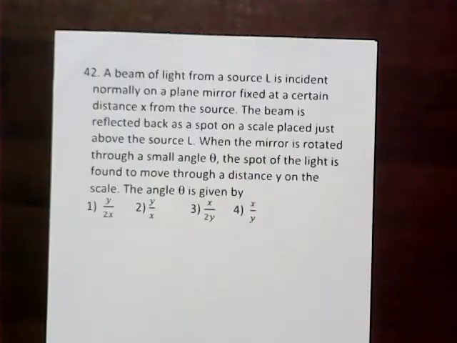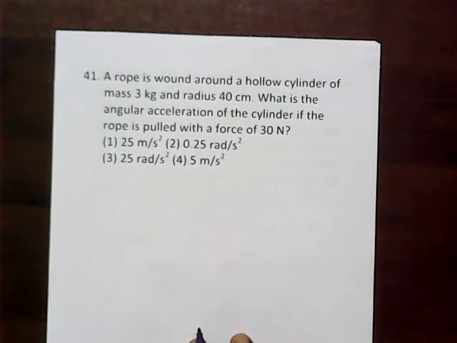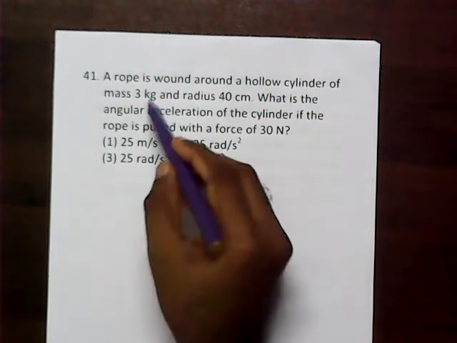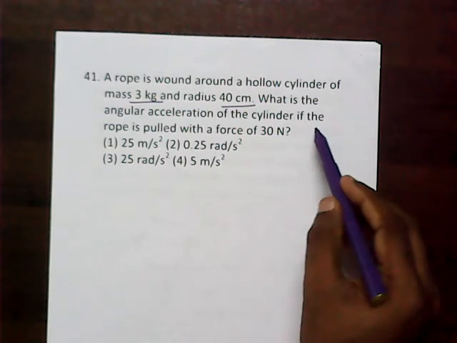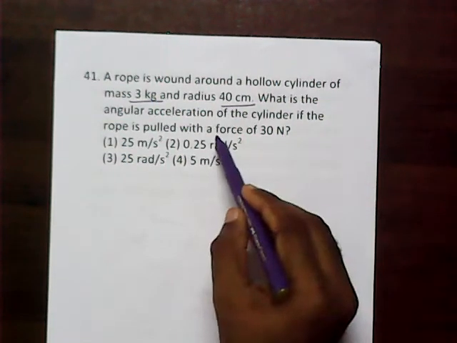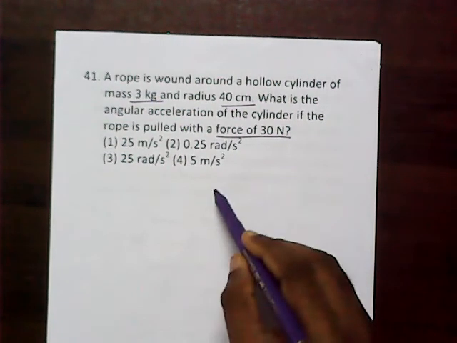Number 41. A rope is wound around a hollow cylinder of mass 3 kg and radius 40 centimeter. What is the angular acceleration of the cylinder if the rope is pulled with a force of 30 Newton?